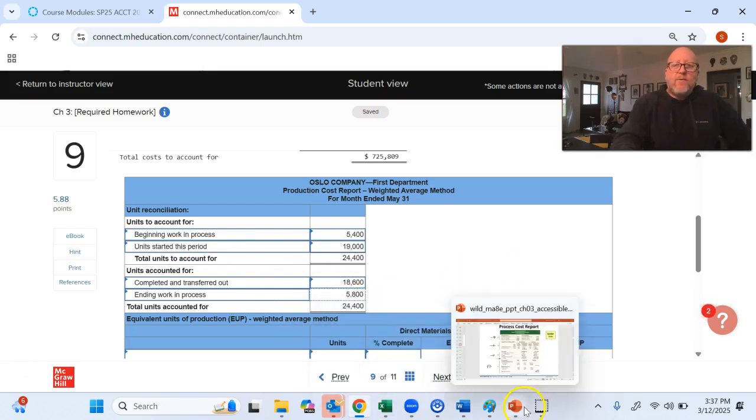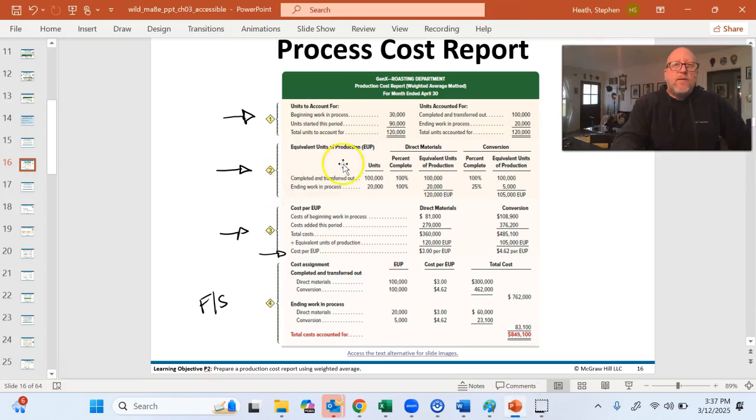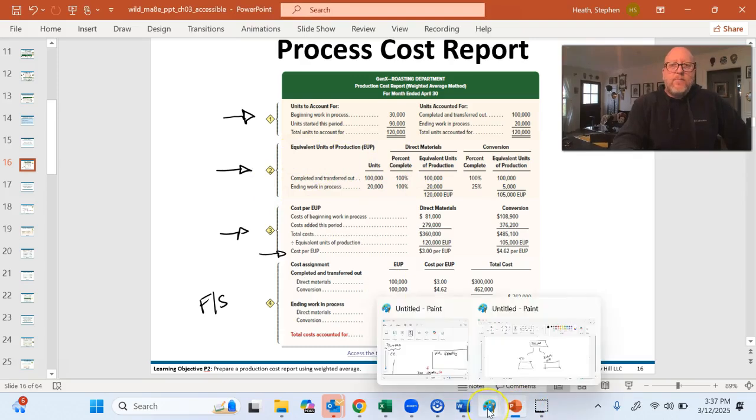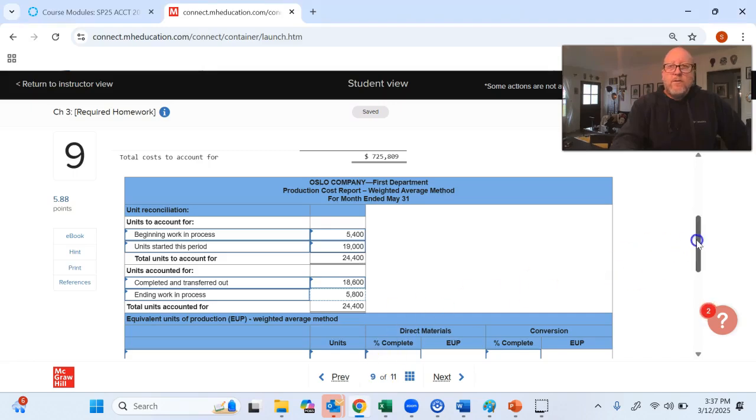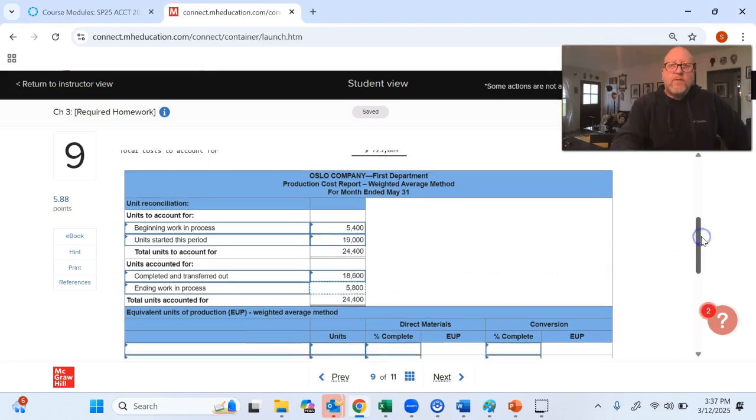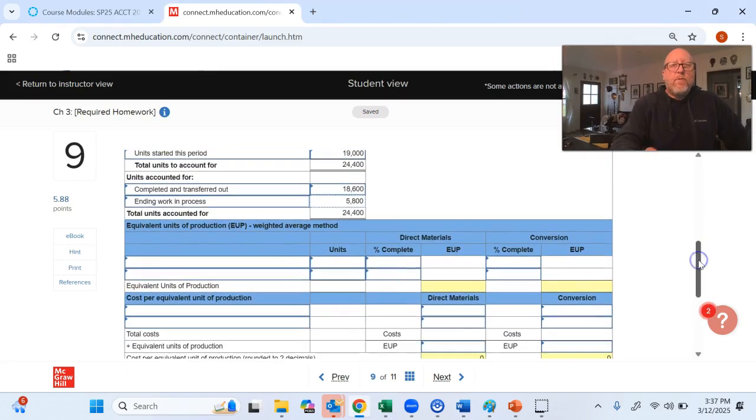Okay, now step 2. I'm going to do the equivalent units of production. And I'm going to go back to our question. Remember, we now want to deal with the units that we transferred out and the units that we're still working on.